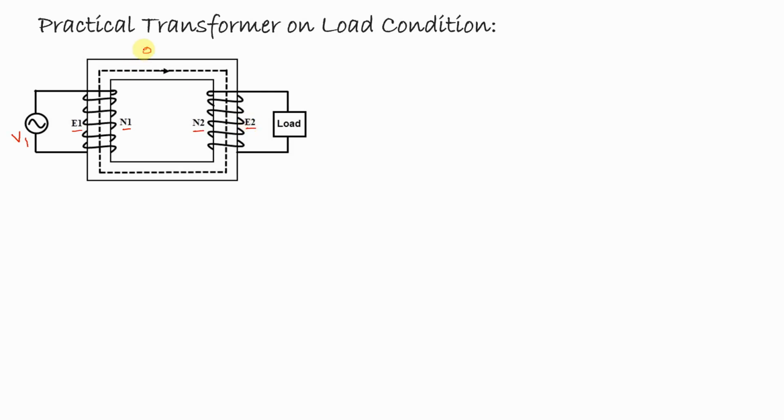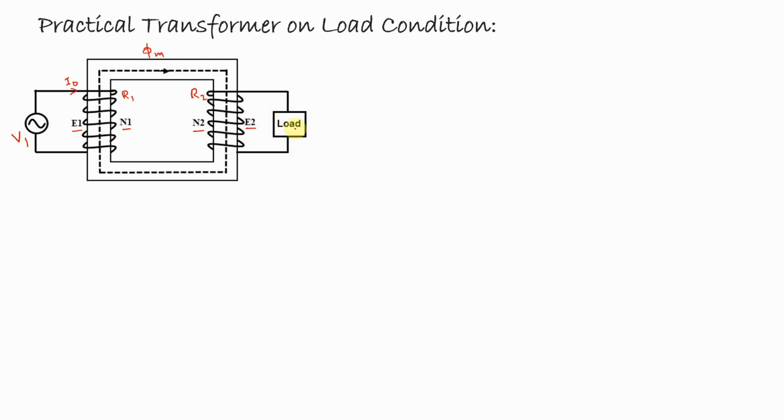The mutual flux produced is phi M, and at no load condition we have seen that the current flowing is I naught. This amount of current will also flow through the primary winding when the load is connected.